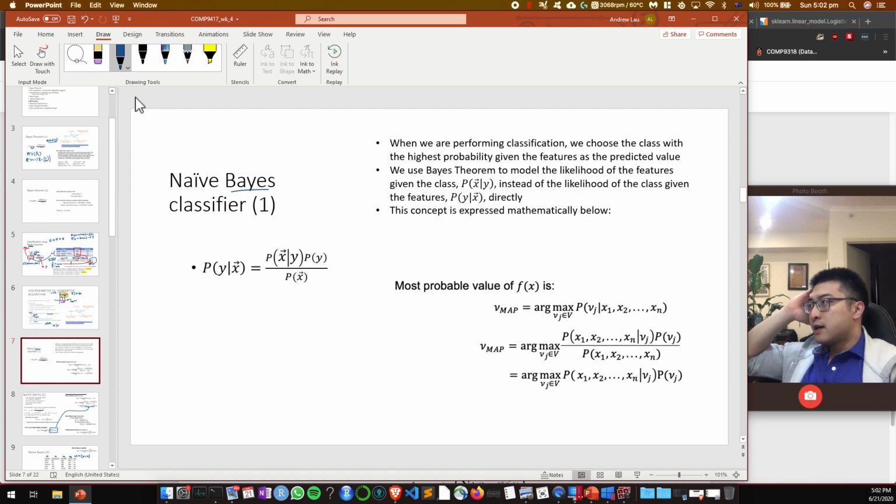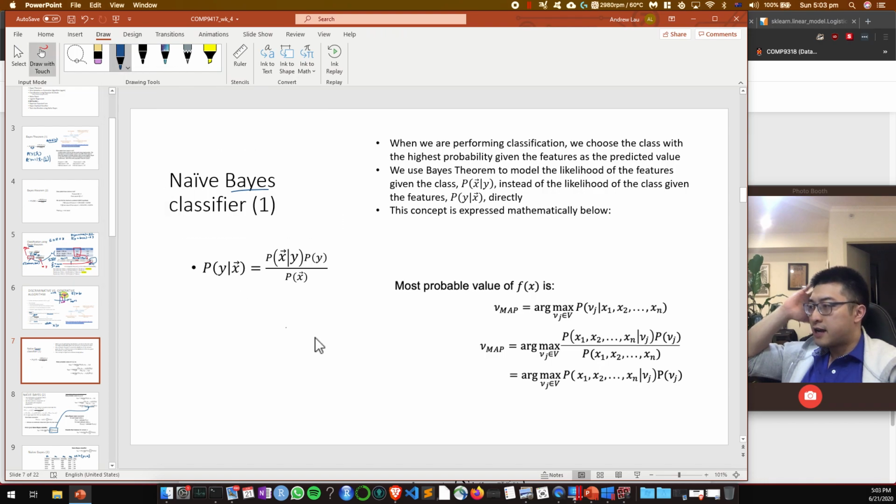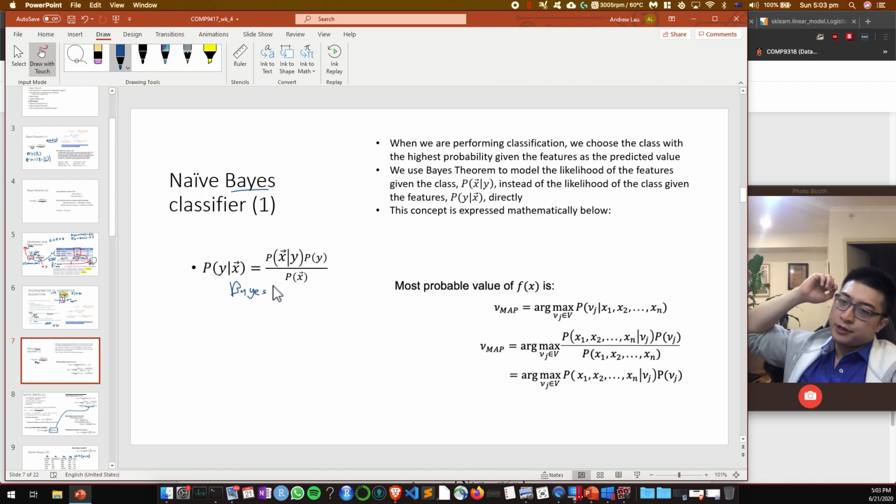As the name suggests, the naive Bayes classifier uses Bayes' theorem. As you can see here, here's Bayes' theorem, right? But there's an interesting step it does, called the naive Bayes assumption, which it uses to simplify things a lot.